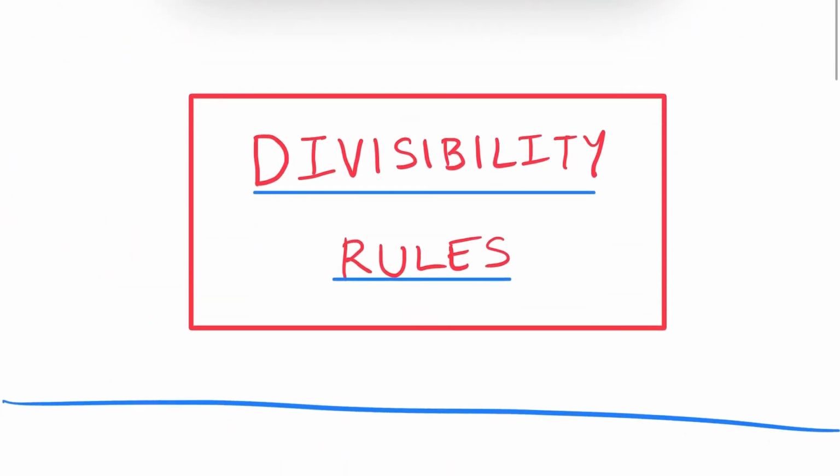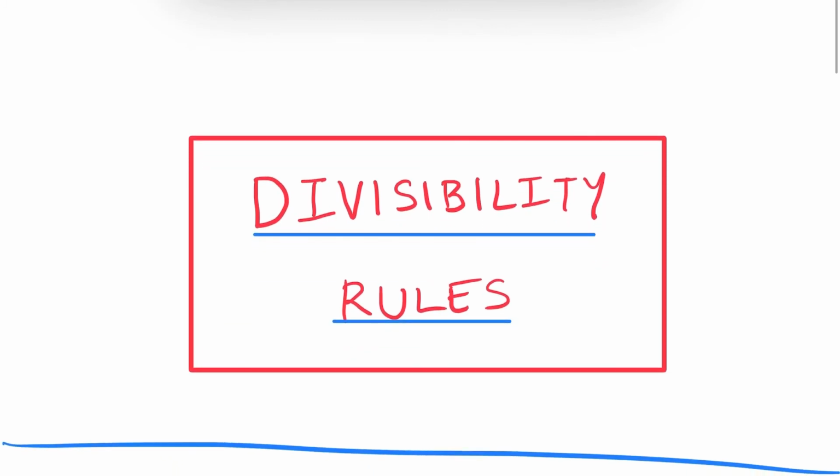So for this video we will be looking at just these, and in the next video we will be exploring more divisibility rules. Okay, there are more numbers for which we can learn divisibility rules, like 13, 16, 7, 5, 25, 17, 19, etc. Okay, so let's not complicate this. This is part 1 of the divisibility rules, and in part 2 we will be looking at the other remaining numbers and their divisibility rules.